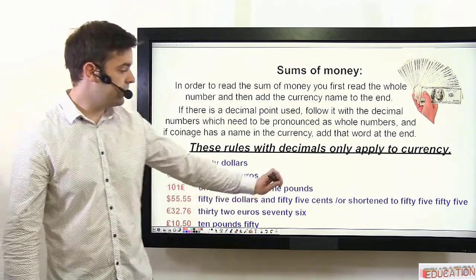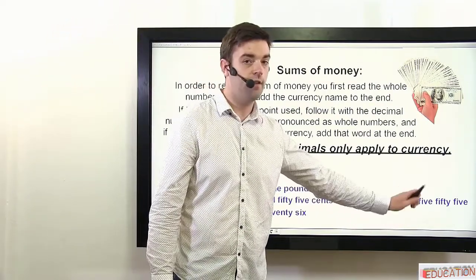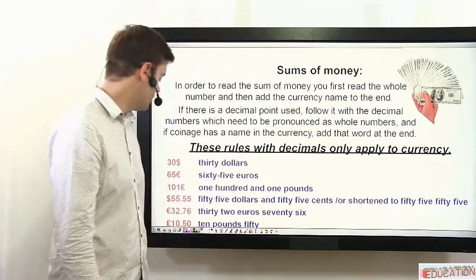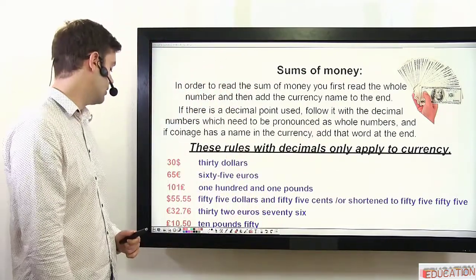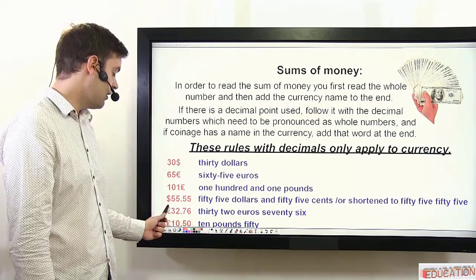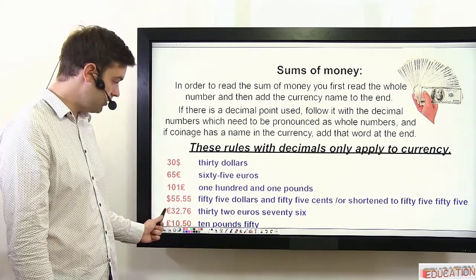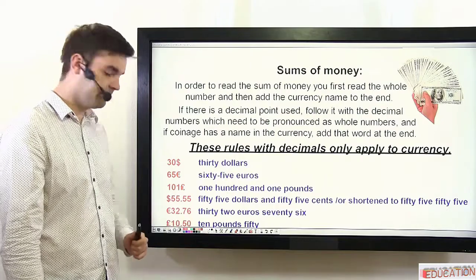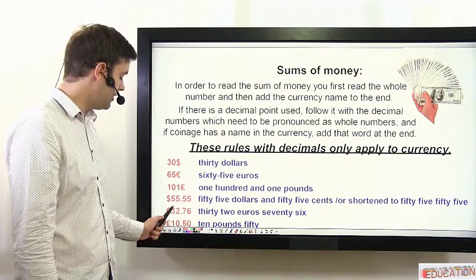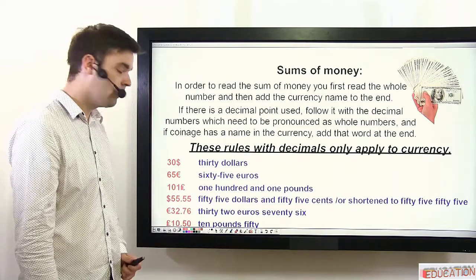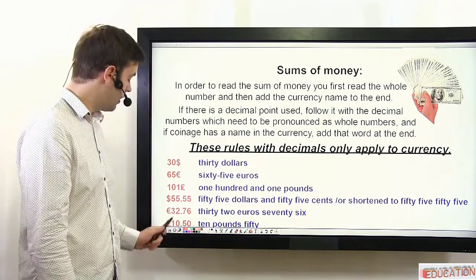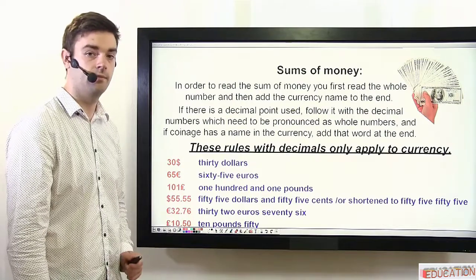You can also shorten to just 55.55. Here we have 32 euros 76. You can shorten it to 32.76.